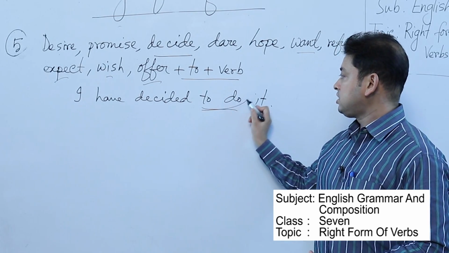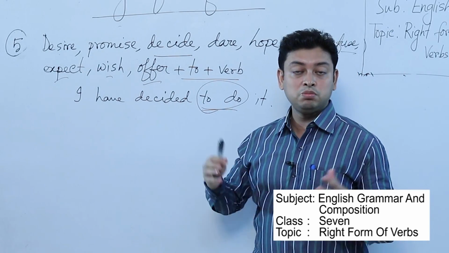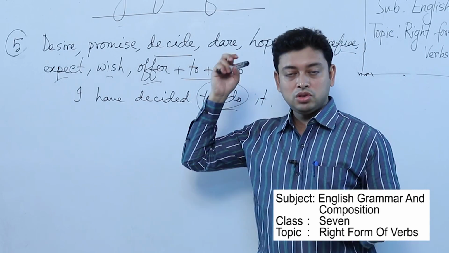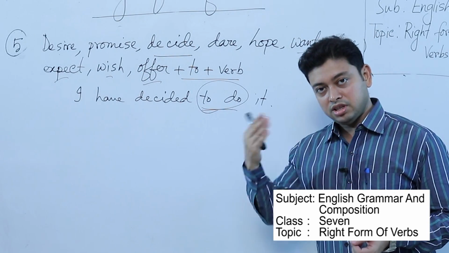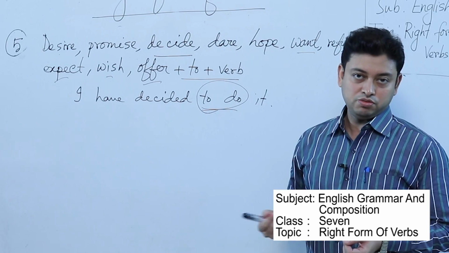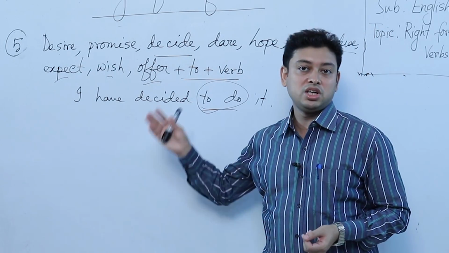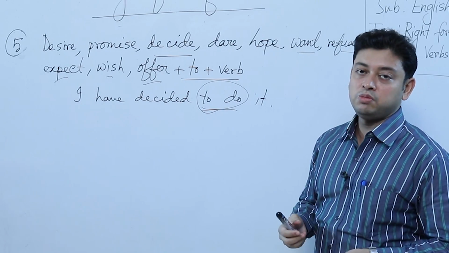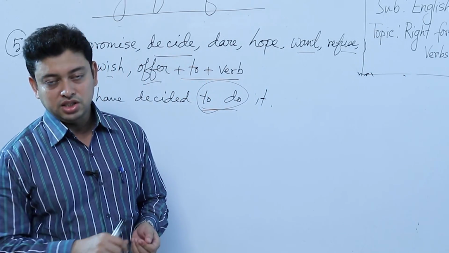That means this is infinitive, to do it. Dear students, you have to remember and memorize these verbs. If this kind of verb is there in the example, after this verb there will be 2 plus V1. There is only one way, to memorize these verbs, otherwise you will not be able to answer the right change of the verb.